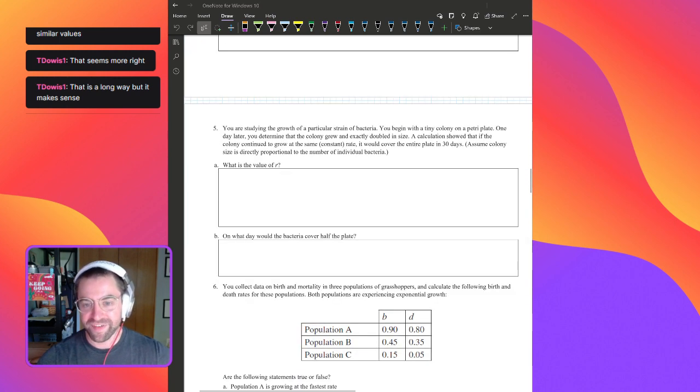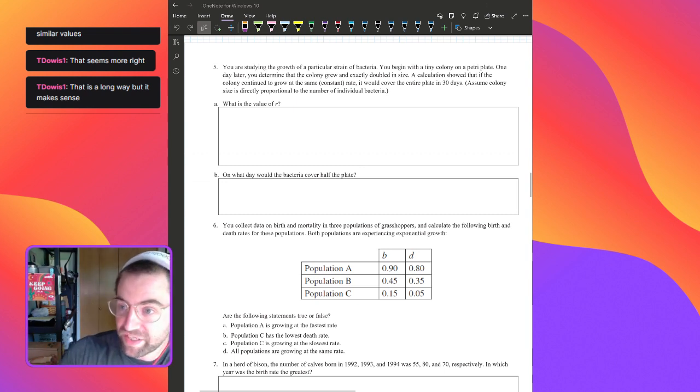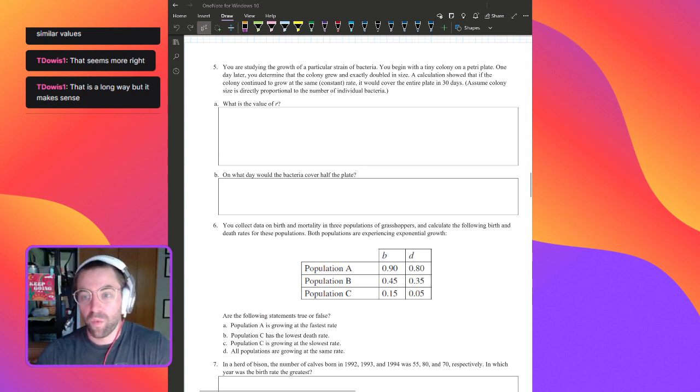You're studying the growth of a particular strain of bacteria. You begin with a tiny colony on a petri plate. One day later, you determine that the colony grew and exactly doubled in size. A calculation showed that if the colony continued to grow at the same constant rate, it would cover the entire plate in 30 days. Assume that the colony size is directly proportional to the number of individual bacteria. What is the value of R? If we know R, then we can calculate the doubling time backwards.